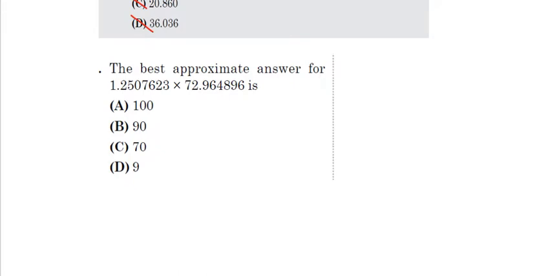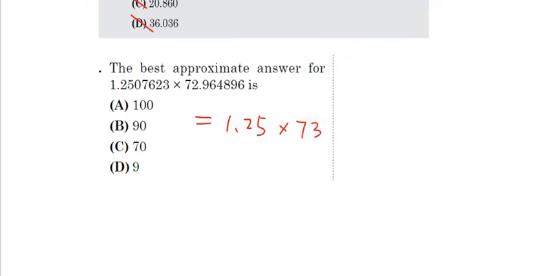For those multiplications, we just focus on the main part. So we just say this is just like 1.25. We forget those and multiply 72 or 73, just like that.